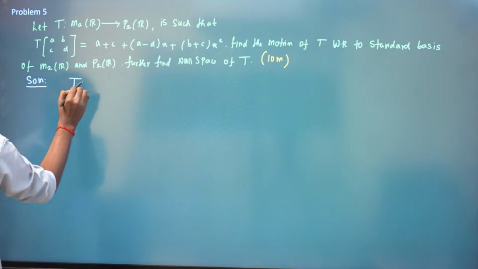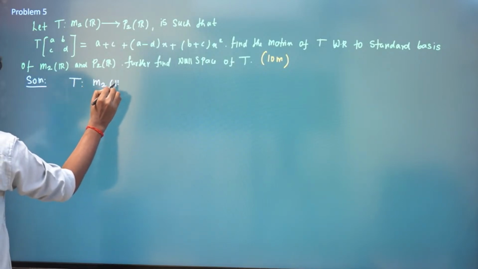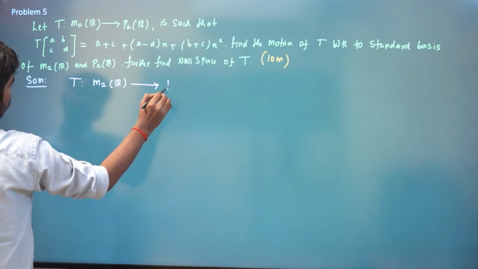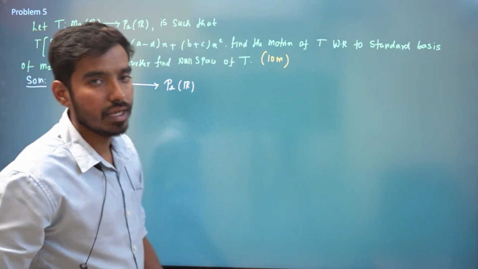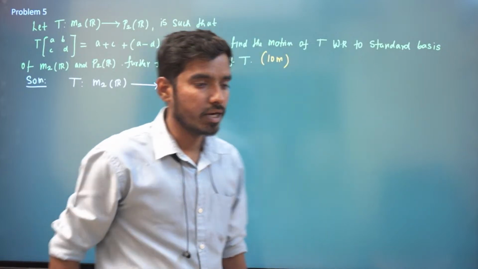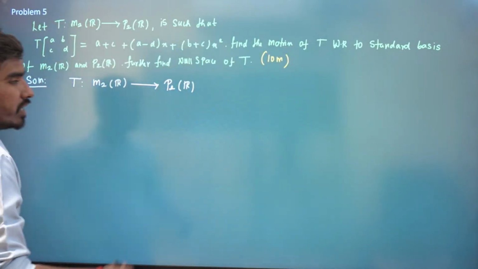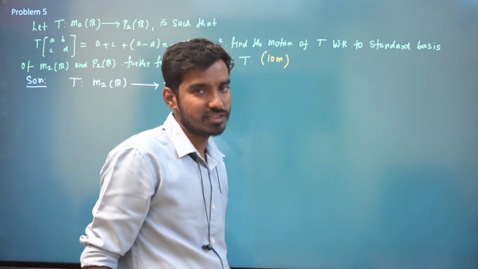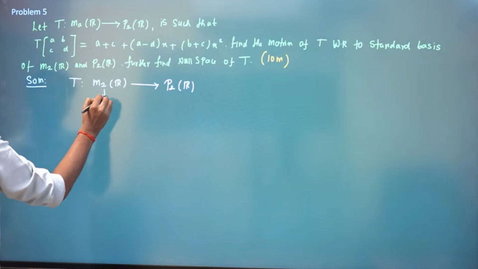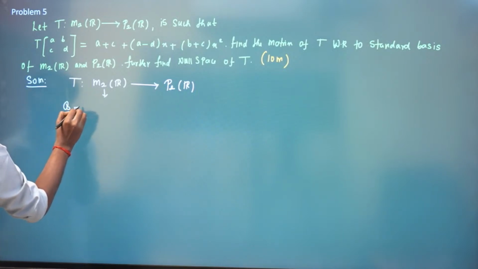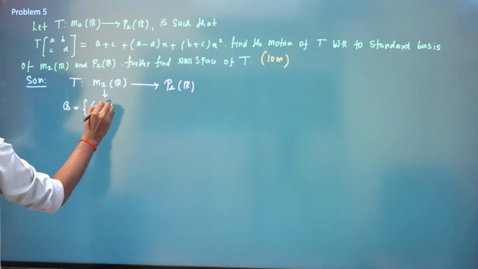So you can see T is a map from M2 of R to P2 of R. P2 of R consists of all those polynomials of degree at most 2, right? All 2-degree polynomials, all 1-degree polynomials and constant polynomials will be here. So what is the standard basis for M2 of R?